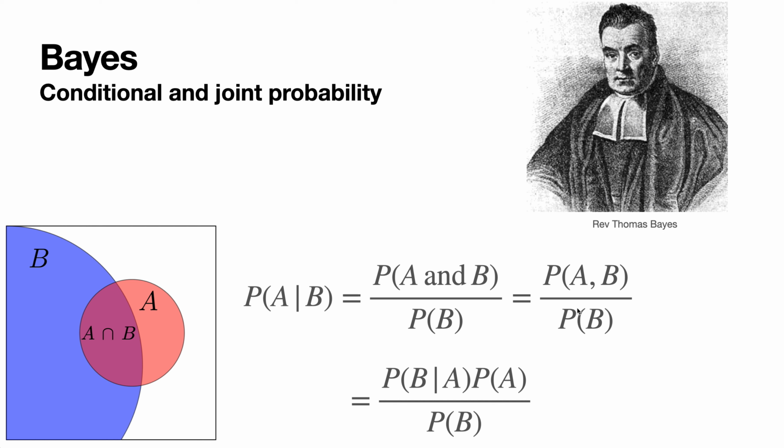Okay? This is Bayes' rule. The joint probability divided by one of the probabilities gives you the probability of A given B.